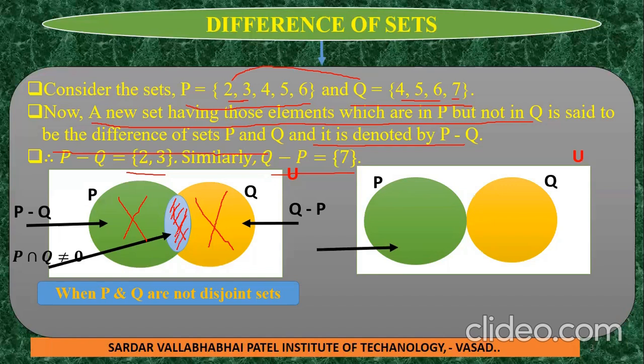Except for the intersection region we consider P minus Q, but here the intersection is empty, there is no intersection point, so P is indirectly P minus Q. Similarly, Q is also Q minus P. This is possible, P being P minus Q and Q being Q minus P, if P and Q are disjoint sets. Disjoint means no intersection point.